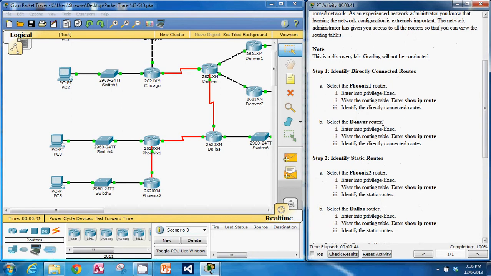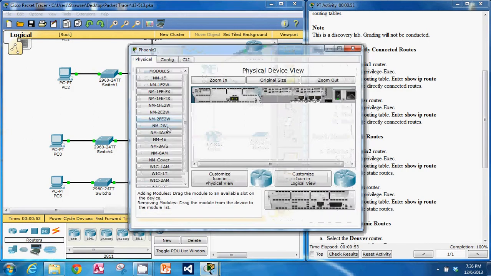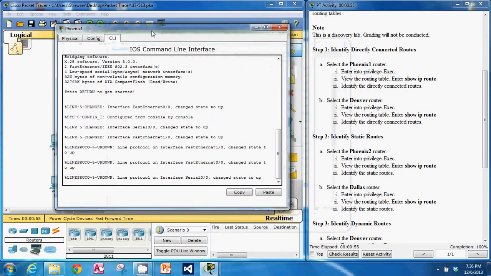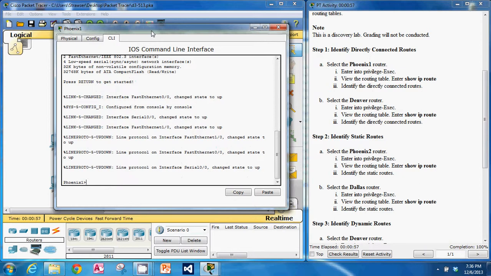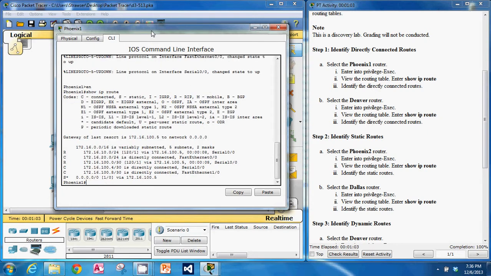I just want us to look at the routers and see what kind of connections are in there. So we go to the Phoenix 1 CLI, and we just need to do an enable and then show ip route, and we want to identify the directly connected routes.